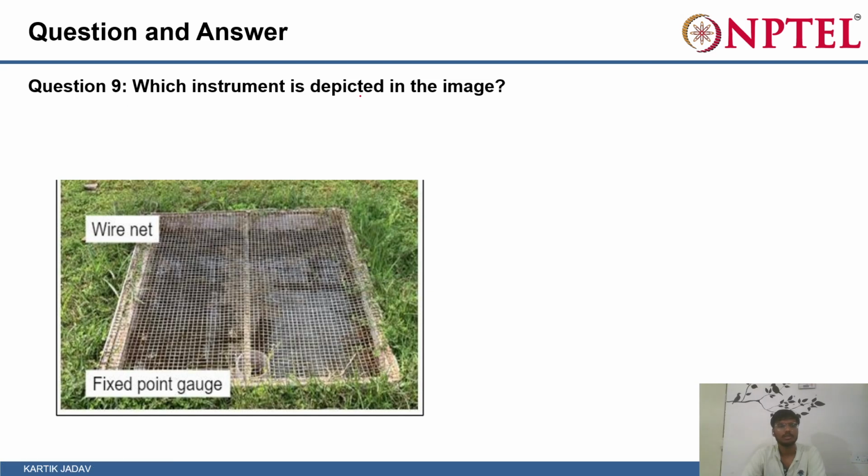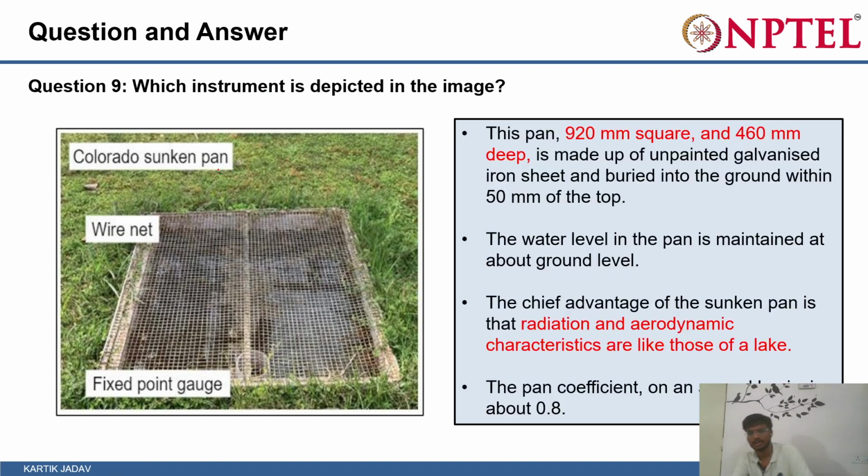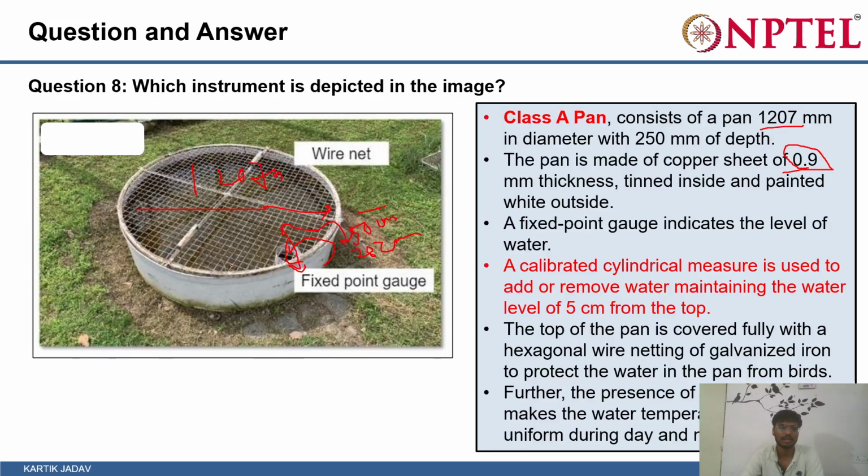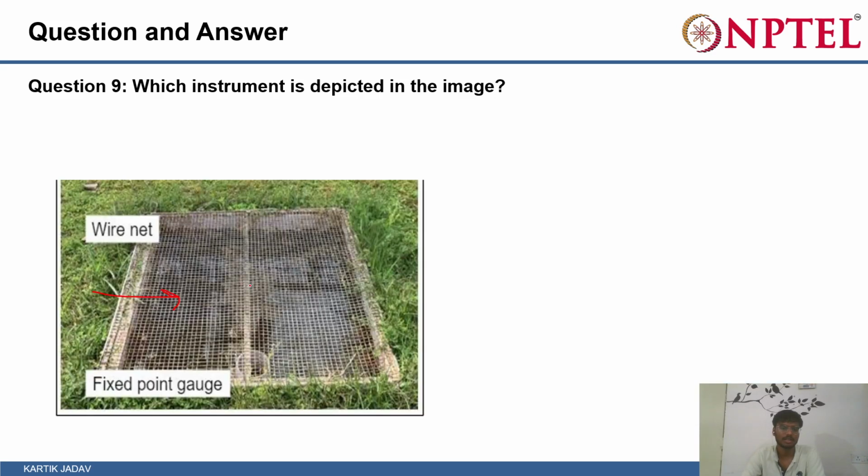Question 9, which instrument is depicted again? So this is the Colorado sunken pan, right? Again, it is an evaporation measurement technique, but it generally represents natural surfaces. See, the last one was elevated, but this one is installed inside the soil surface.